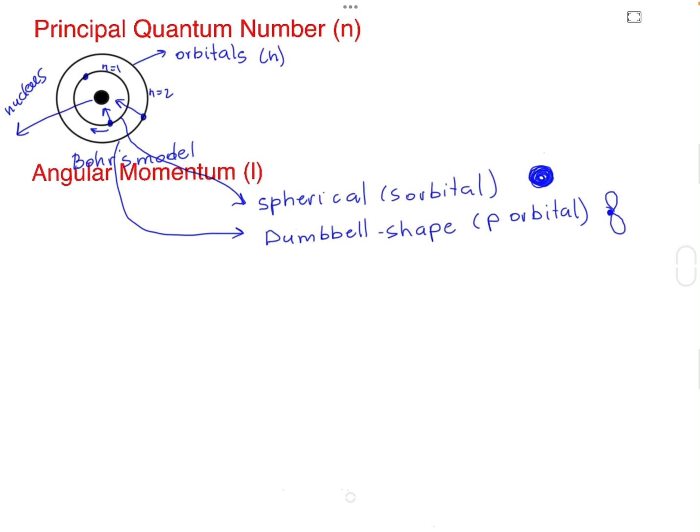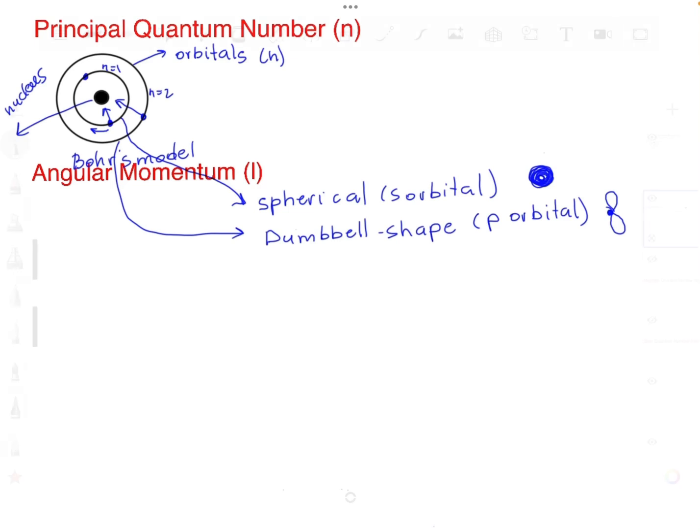They represent the shape of the region, and the probability of where the electrons will most likely be found. Okay, so this is what the angular momentum represents.